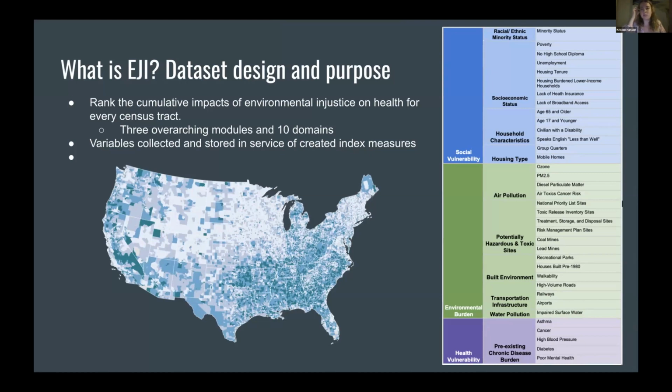So it is all in service of creating an index measure, the Environmental Justice Index, which has three focuses: the SDOH variables, the environmental burden variables, and the health burden variables. There are 10 domains, these are the domains here on the right, and the variables are collected and stored in this basic CSV with census tract.